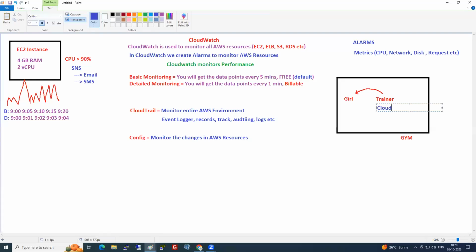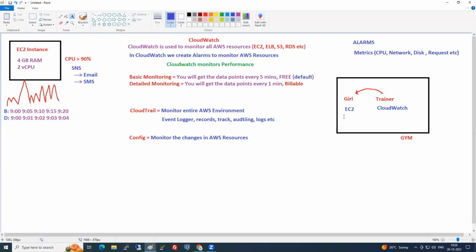CloudWatch. What is the purpose of the trainer? The trainer is watching and monitoring the girl, how she is lifting, how she is doing the work. And here also, CloudWatch is doing the same: the trainer is watching the performance of the girl.